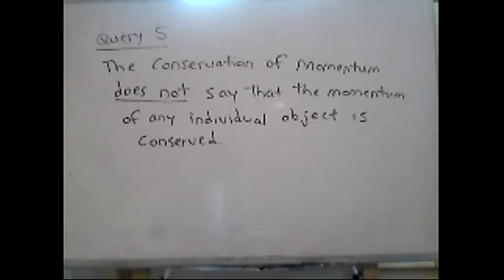Now, be very careful. What is conserved? What's conserved is the total momentum. What's conserved is a vector. When you add up all the momentum, you actually get a resultant vector. So when you add up all the momentum of the system beforehand, you'll get a momentum vector.